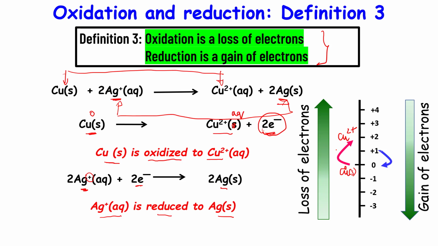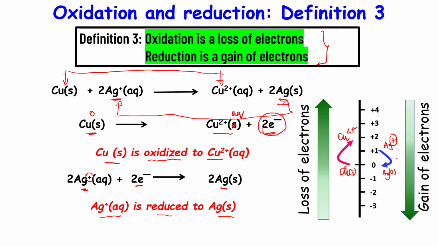When your charge is changing to more plus charges, then that is indicative of loss of electrons. So in this case, that's the reason why we say that the copper 0 is getting oxidized to become copper 2 plus. Whereas the silver ion had a charge of +1, and then that +1 charge got converted into 0 charge.